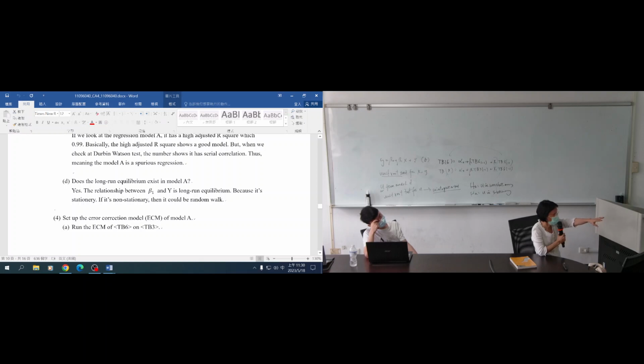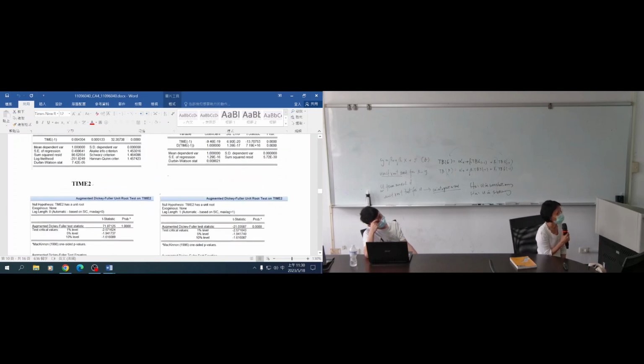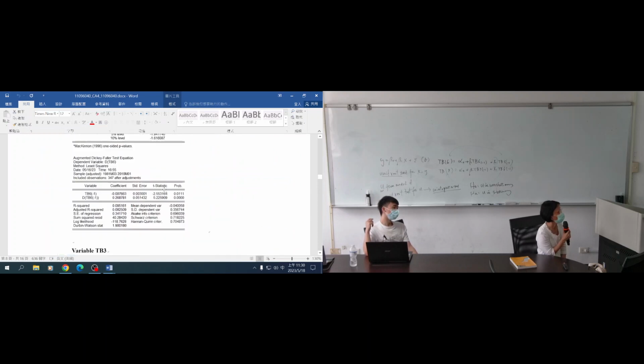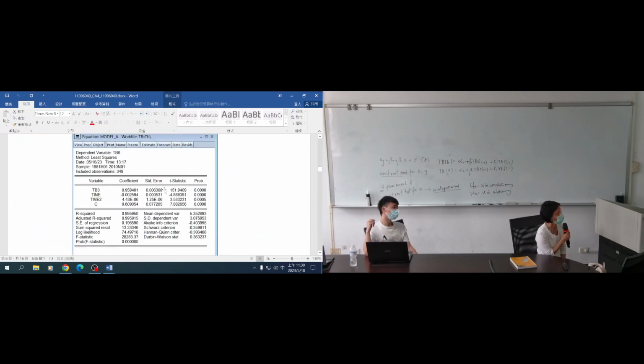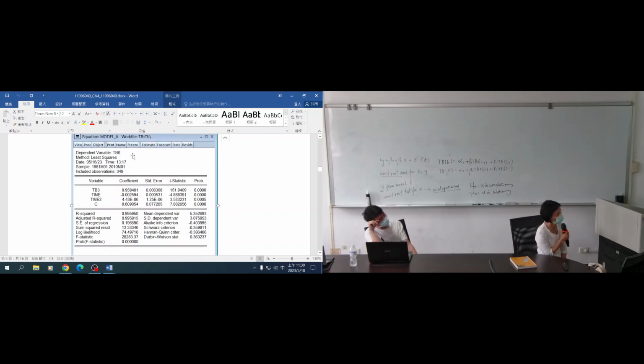The relationship between beta and y, in the model, the first one, model A. The beta 1 here is this one, and the TB6 is the model now, A.